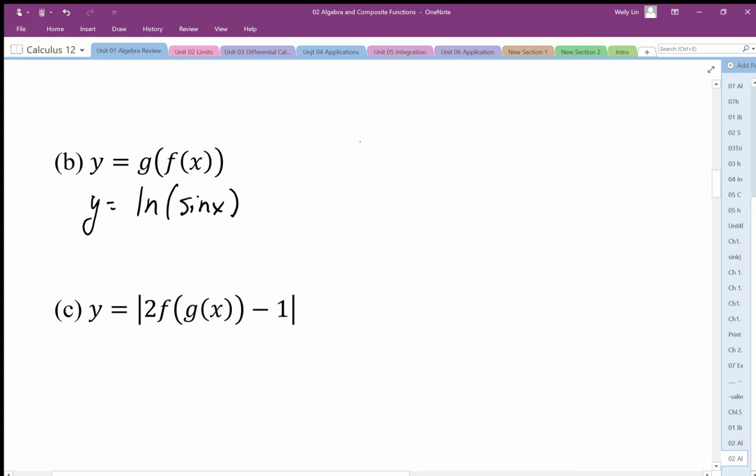When we look at the graph of this, we know that at sine 0 we have 0, and 0 is not possible for log. At pi/2 we get the maximum sine value of 1, which gives us the maximum log value of 0. That's going to be at pi/2.